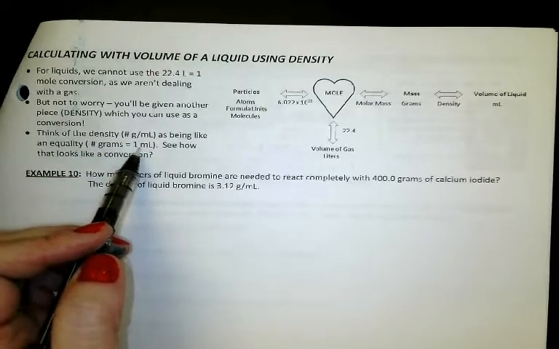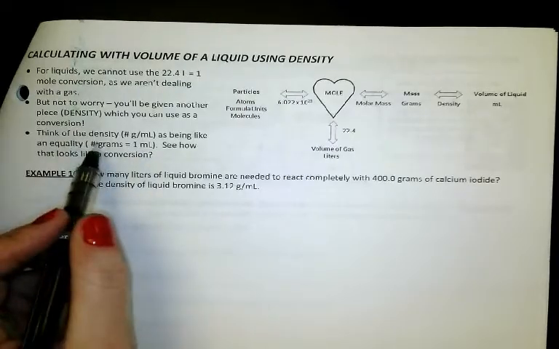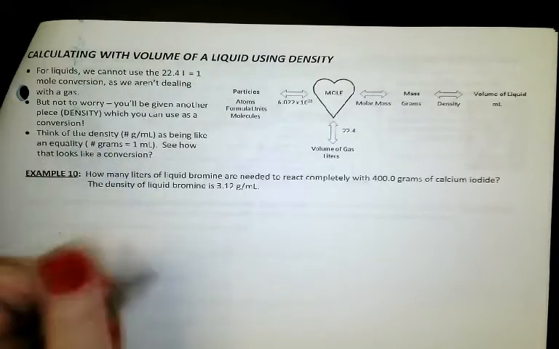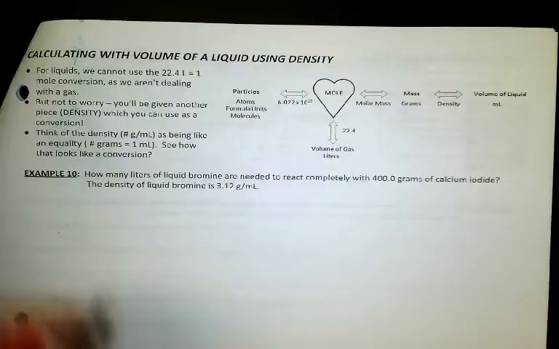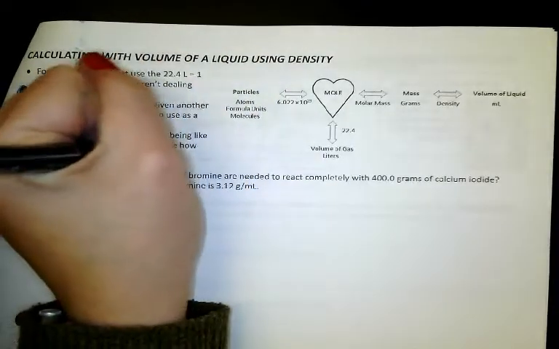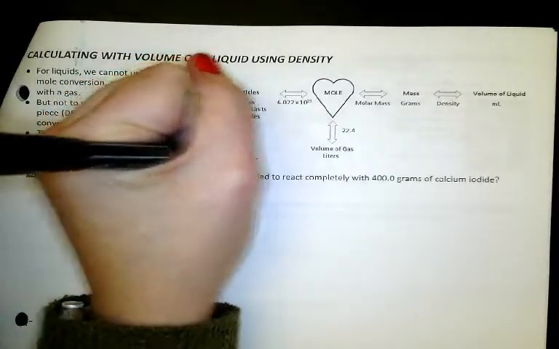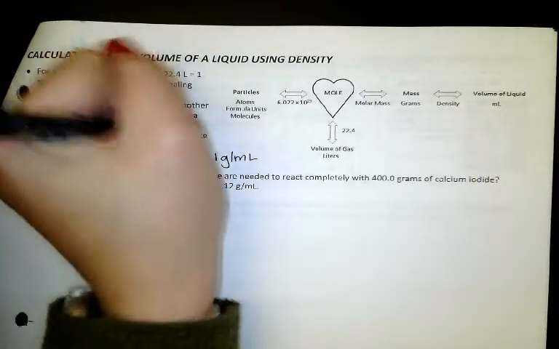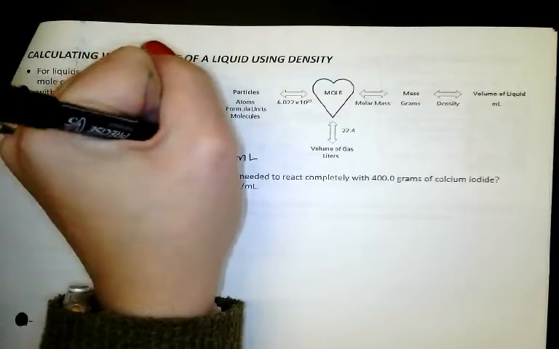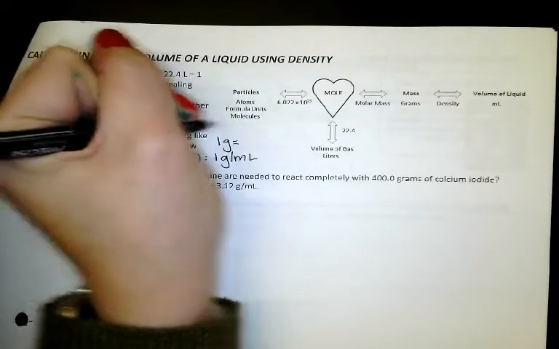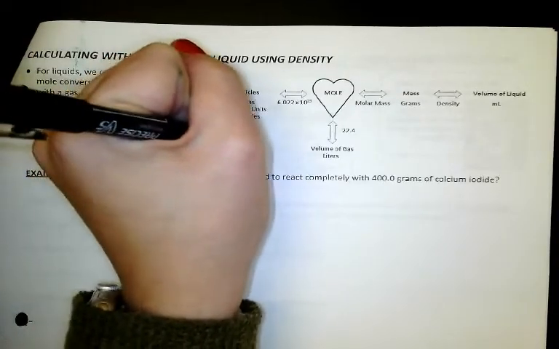So this is a conversion factor. So I'm going to give you an example of density. Water's density is 1 gram per milliliter. And so what that means is if I have 1 gram of water, liquid water, its volume will be 1 milliliter. And vice versa.